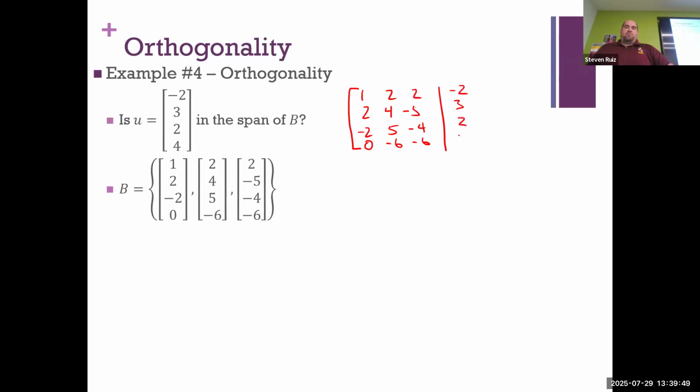So basically, I'm trying to solve this equation. So right now, this has nothing to do with the fact that the basis is orthogonal. This is something we can just do. If we reduce this, what do we learn?